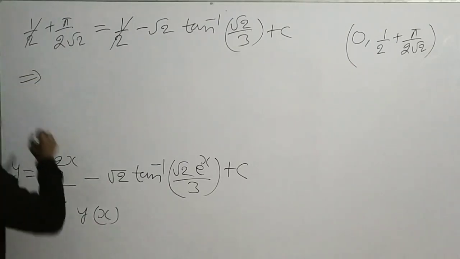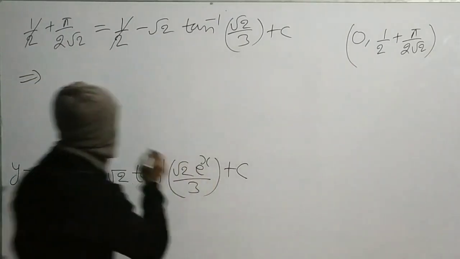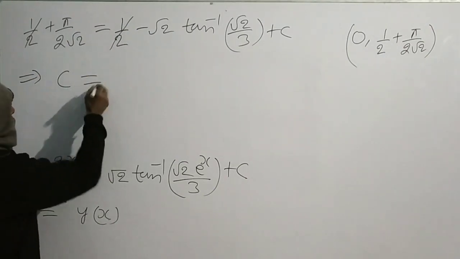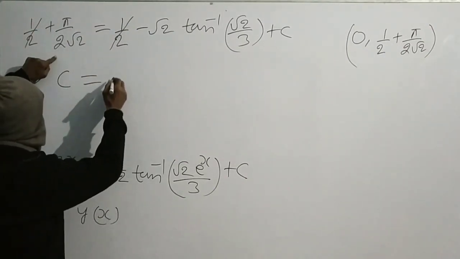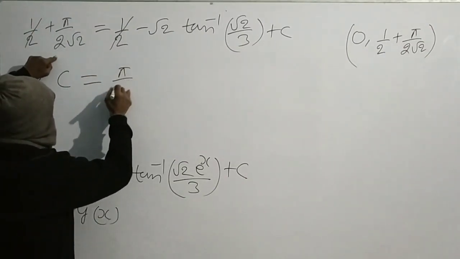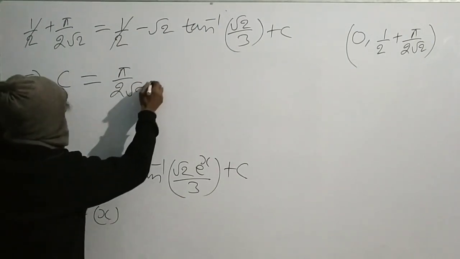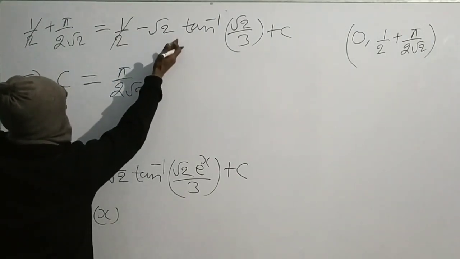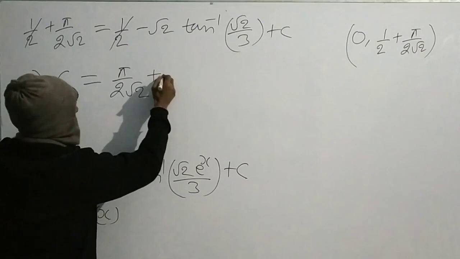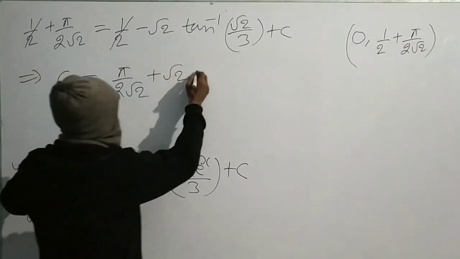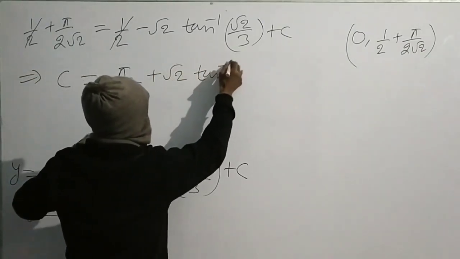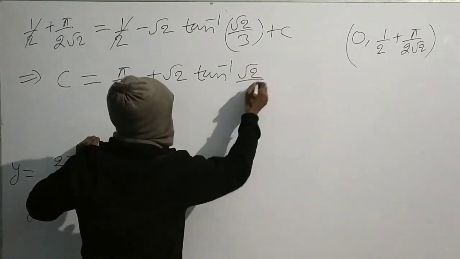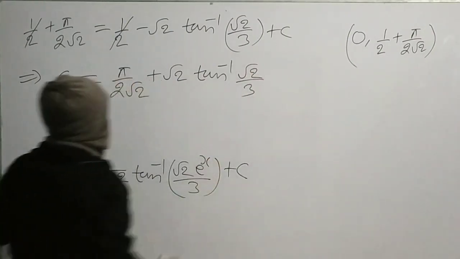This implies c will be equal to pi by 2 root 2 plus root 2 tan inverse root 2 by 3.